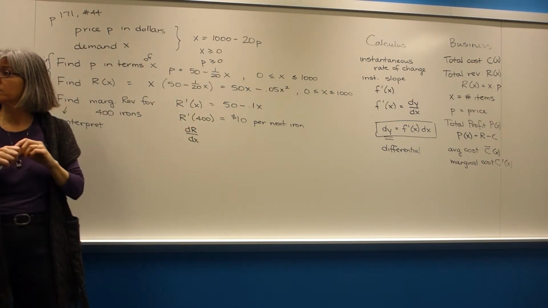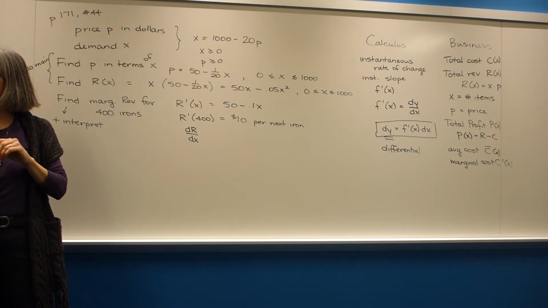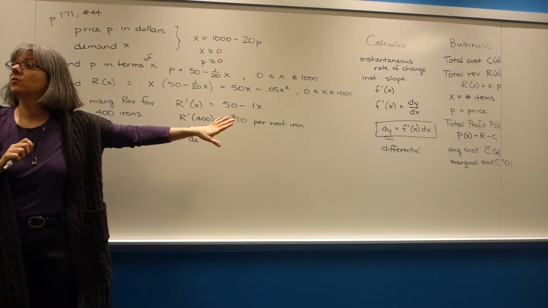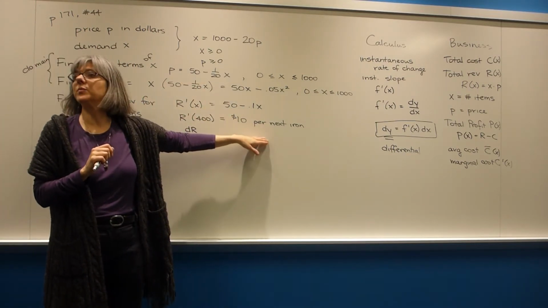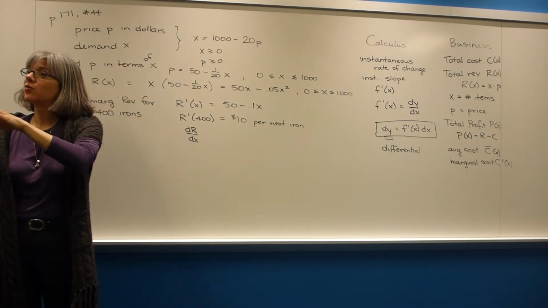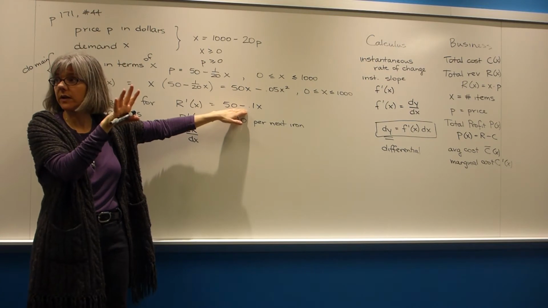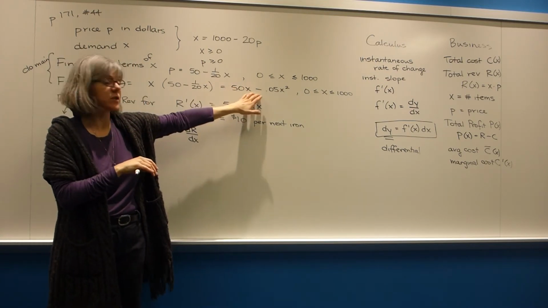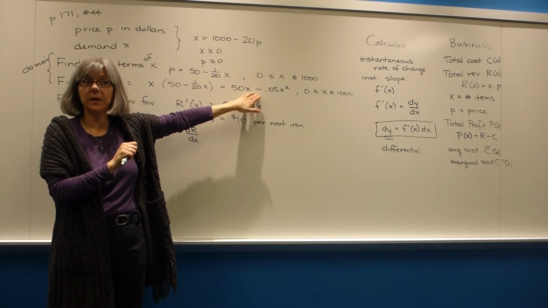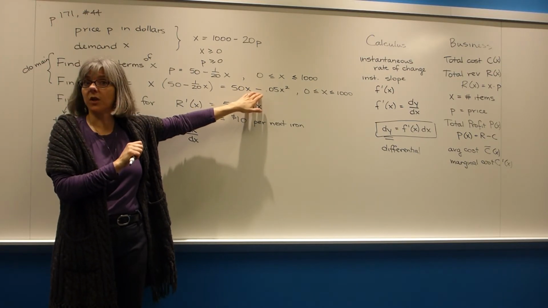Right, but your price is only 1,000 minus 20p, it's not like 1,000 minus 20p times 25p squared. You know what I mean? Right, it's not quadratic, so it's going to be linear anyway. So for this particular case, yes, because this is a line, so it goes forever at the same slope. But in general, if this were more complicated, which is not uncommon, you can have log relationships.